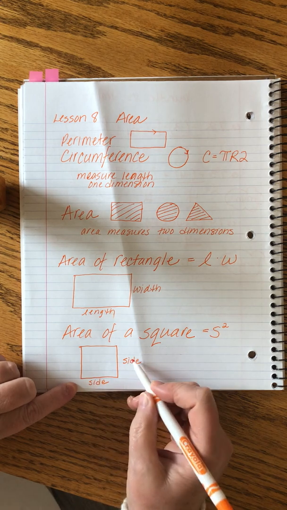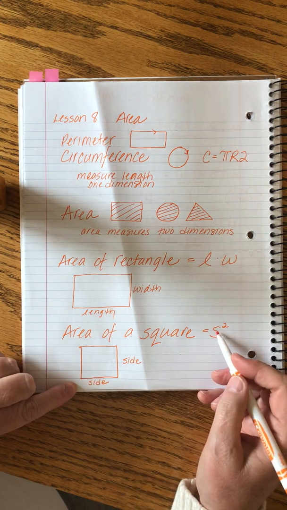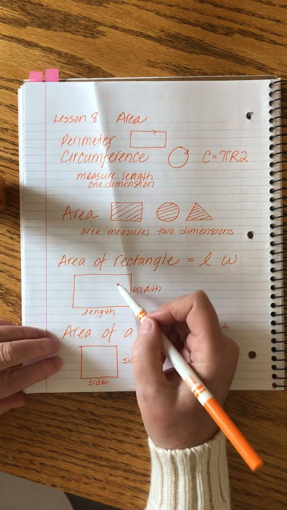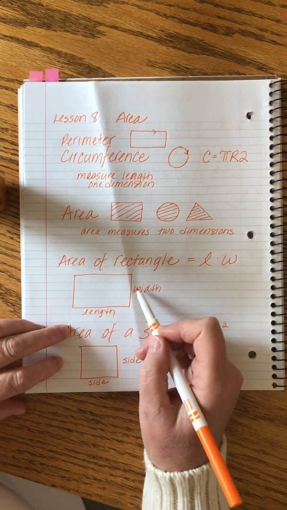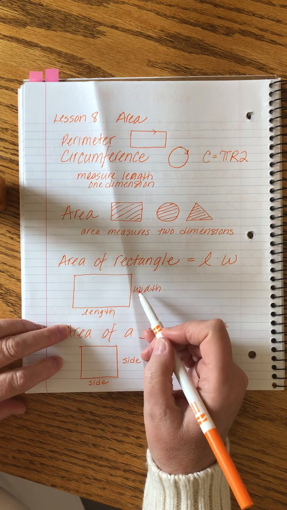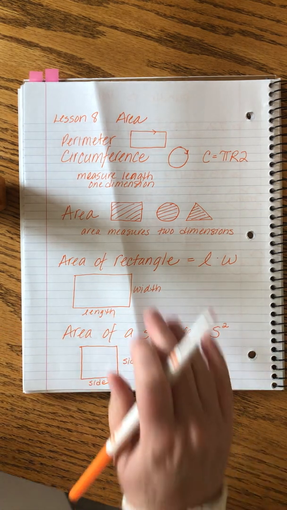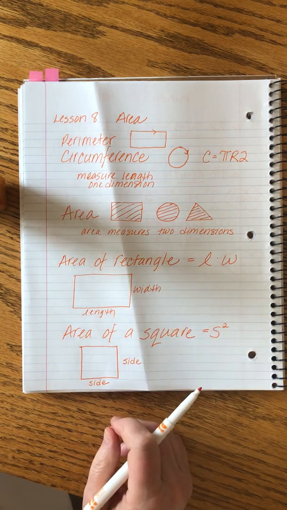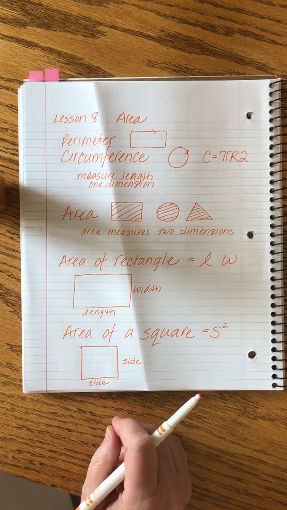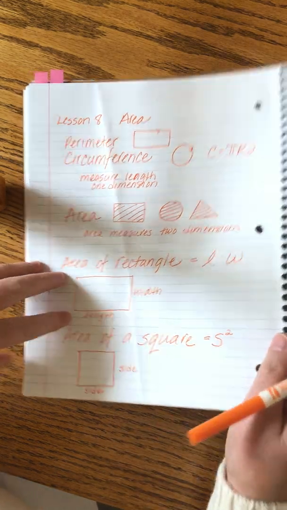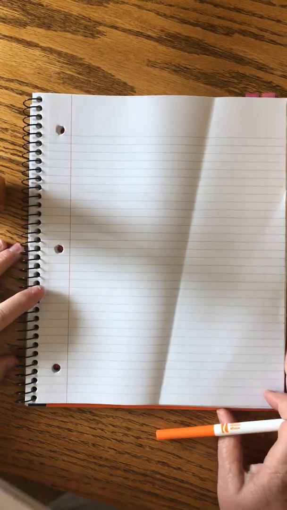And we multiply the side times the side. Since they're the same, we can abbreviate it as side squared. But this will still work, right? If you just realize, oh, I have a square, so even though I'm calling them different things, it's going to be the same number all the way around. This one works too.